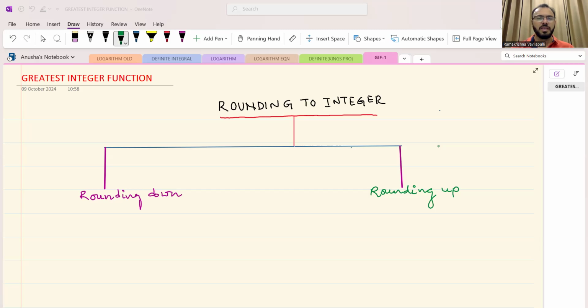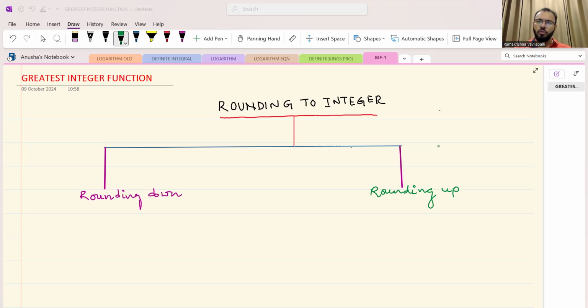So here, before introducing the greatest integer function, I would like to tell you what rounding to integer is. Rounding to integer means when a number is given which is not an integer, we would like to round to the lower integer than the given number, or the upper integer than the given number.